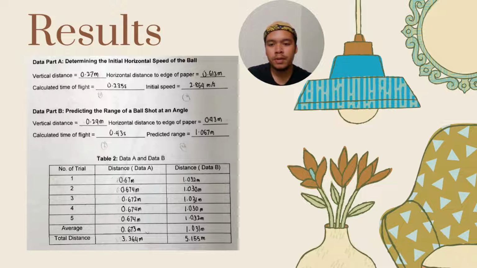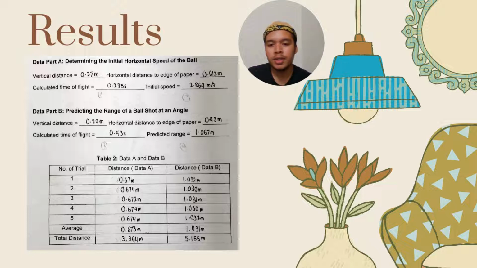Table 2 shows the data for part A and part B that we got for the projectile experiment. For data part A, we measure the distance based on the number of trials. For trial 1, the distance is 0.67 meter. For trial 2, it increases to 0.674 meter.